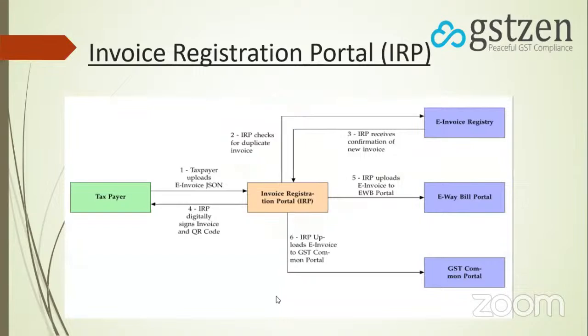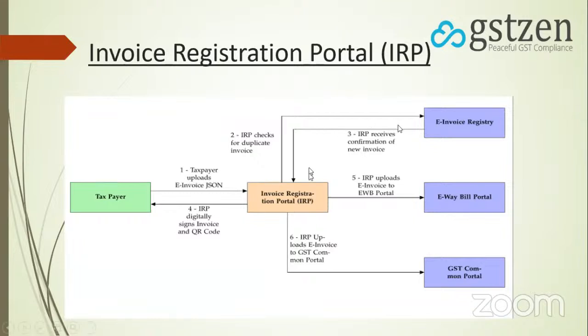Invoice registration portal. The invoice registration portal is where all the e-invoices get created and registered. The taxpayer sends the e-invoice JSON to IRP. It checks for duplication. As I said, if you have already generated an e-invoice for an invoice number, you will not be able to generate it again. It also validates the details of the JSON.